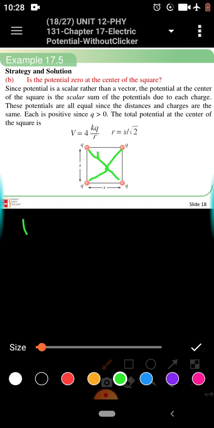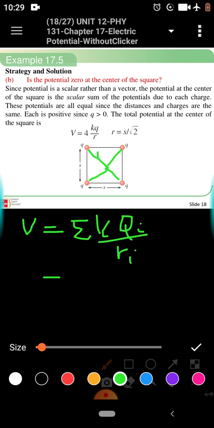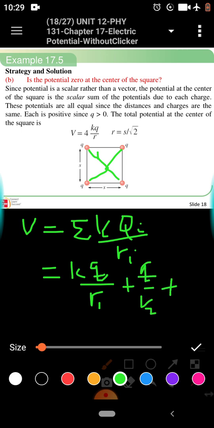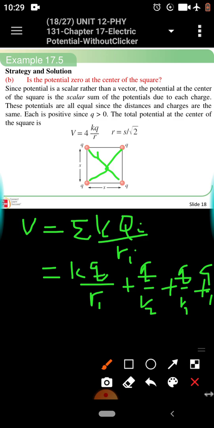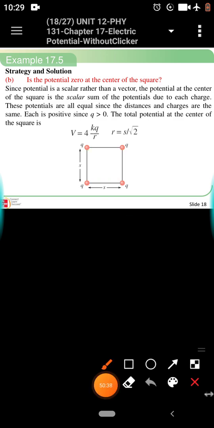Remember that the formula for potential, if you involve many charges, is the sum of k q_i over r_i. Because all the charges are the same, it will be kq over r1 plus kq over r2 plus kq over r3 plus kq over r4.